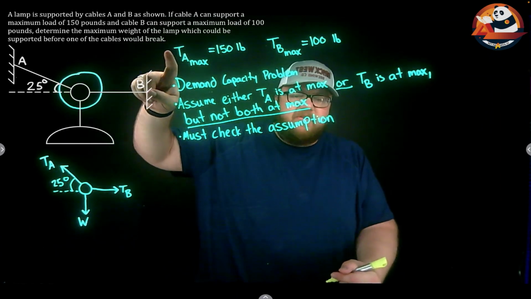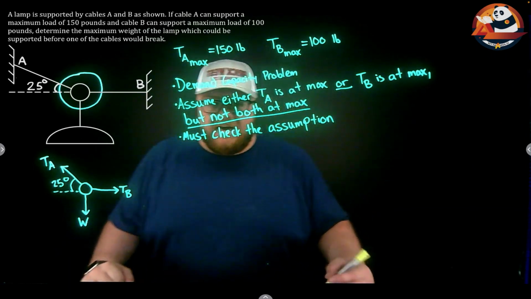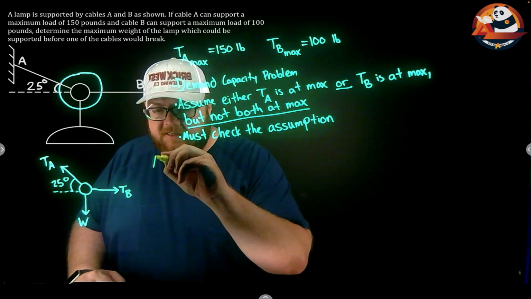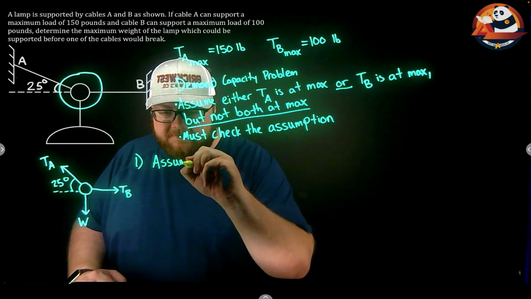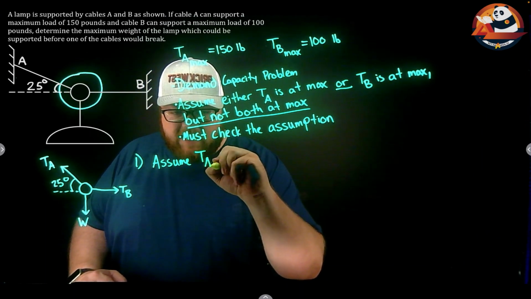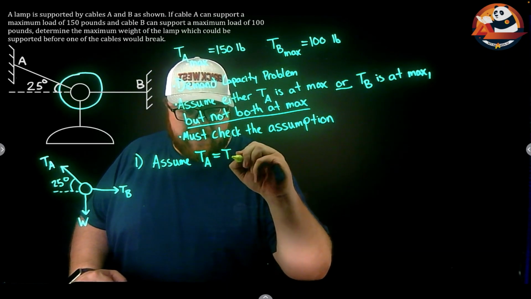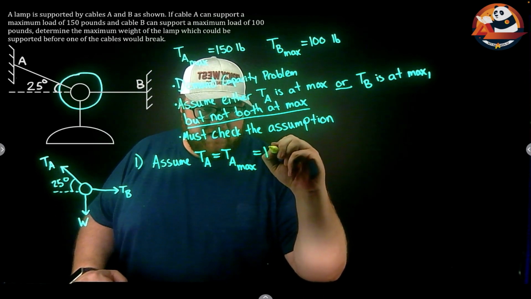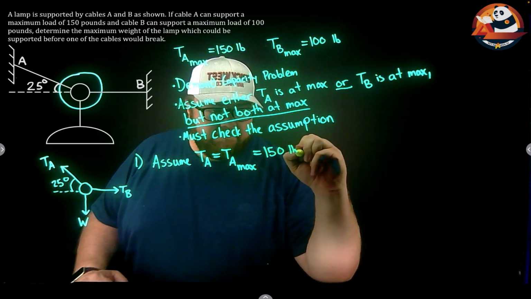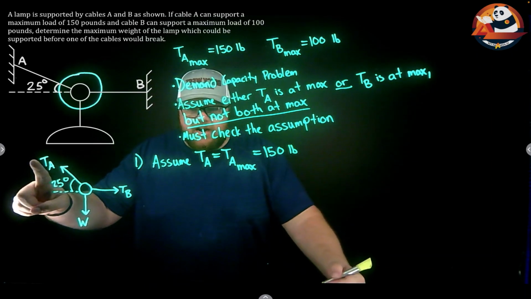Let's just 50-50 it. I'm going to assume TA equals TA max. So my first step in here, assume TA equals TA max, which equals 150 pounds. So I'm setting this variable to 150.